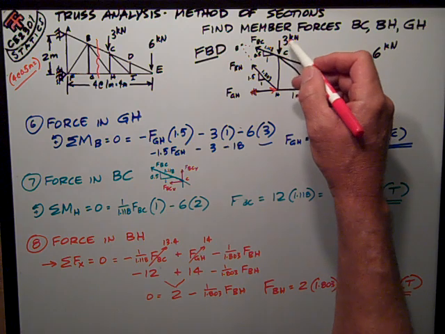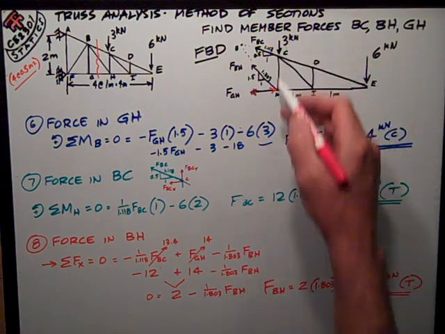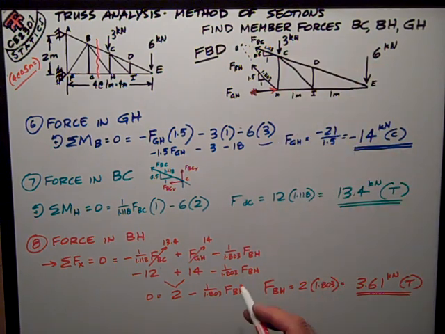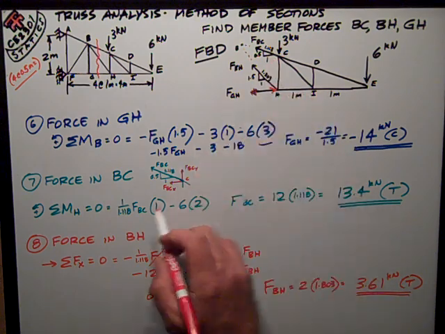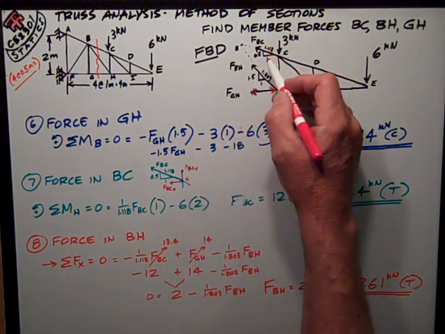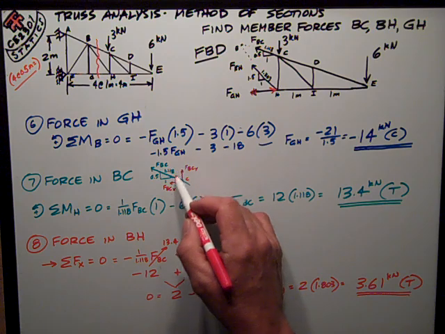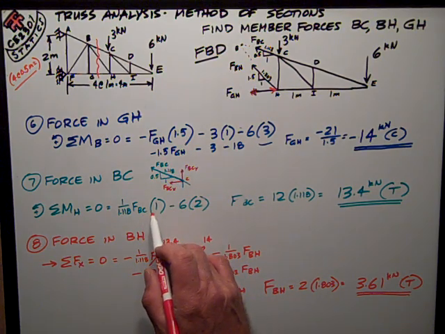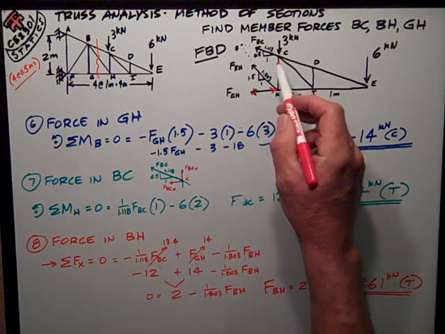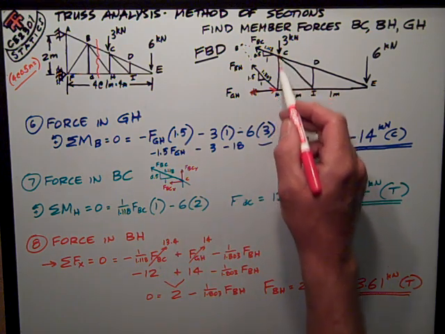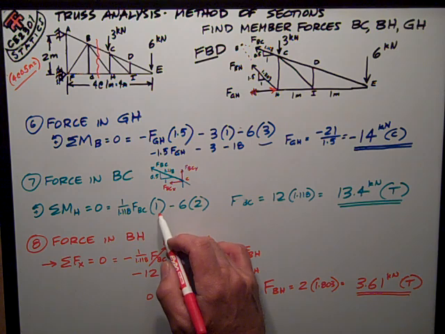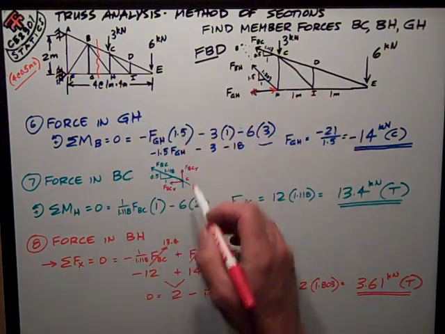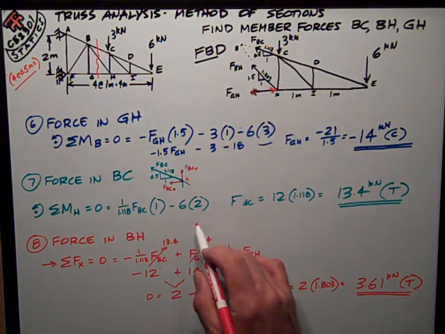I can also eliminate my 3 kilonewton force up there because it passes through point H. So I'm left with just the horizontal component of FBC, which is 1 over 1.118 times the force in the member. Its vertical distance from point C to point H is 1 meter, 2 of those 0.5 meter panels.